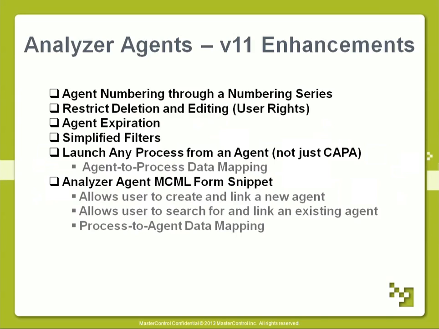It's just a simplification. The user rights really got tightened in version 11 to the point where you can treat it as yours and only yours in terms of assigning, okay, I let Ken view it, but he can't mess with it, kind of thing. Assigning a numbering series to the agent rather than manually assigning it. And this form snippet that you can drop in very easily.